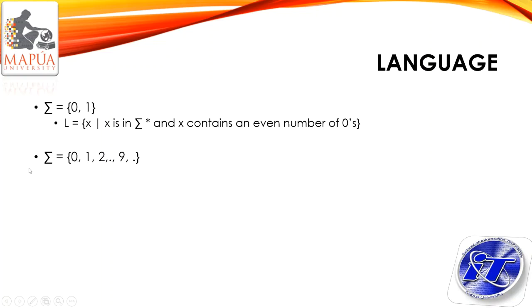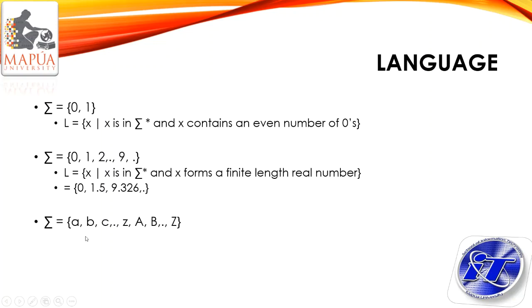Another example, our alphabet is 1 to 9, and the language is X forms a finite length real number. Again, any string that conforms with this is part of this language. Another example, the alphabet A to Z, capital A to Z, and X is a Pascal reserved word.